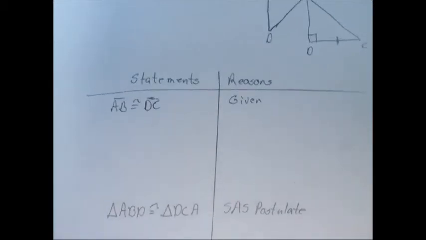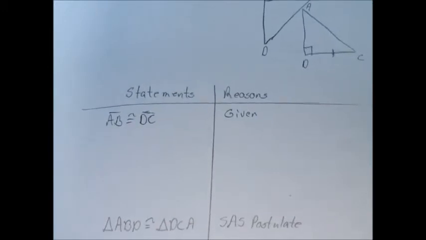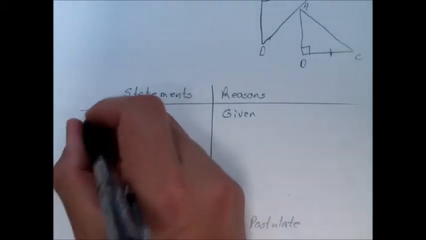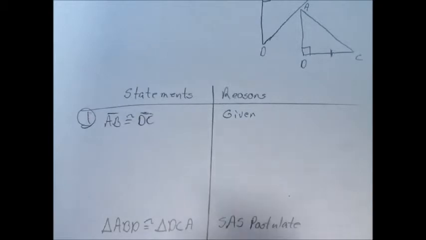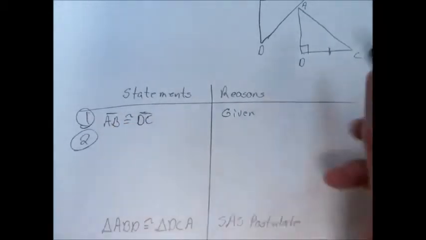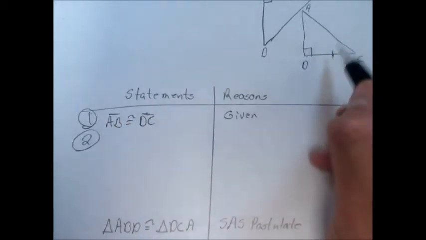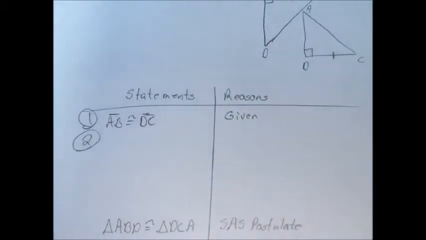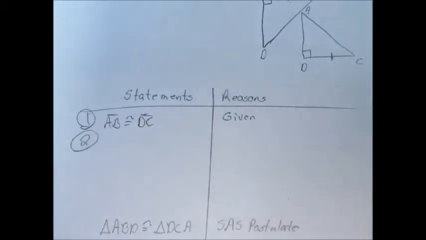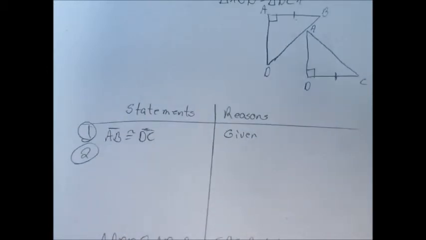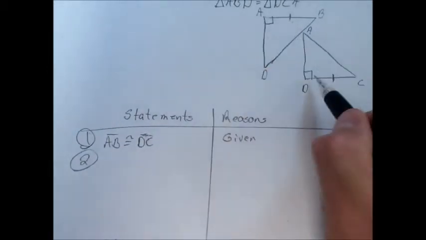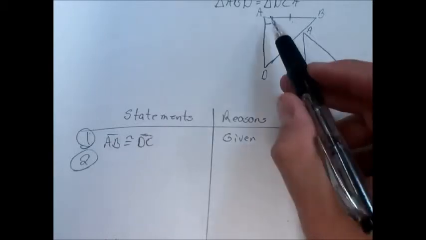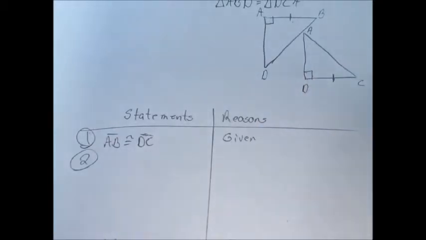Alright, so now I'm just going to fill in everything in between that I hopefully can get this done. So this is step 1. Step 2, now that I know that DC is congruent to AB, I need another side. What angle do you think is going to be the ones that are equal to each other? A and D, right? We know that angle A and D are congruent to each other because why?